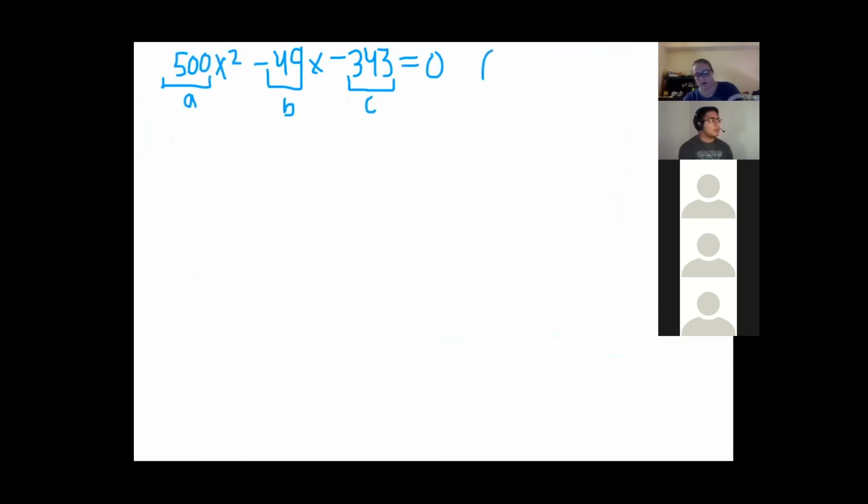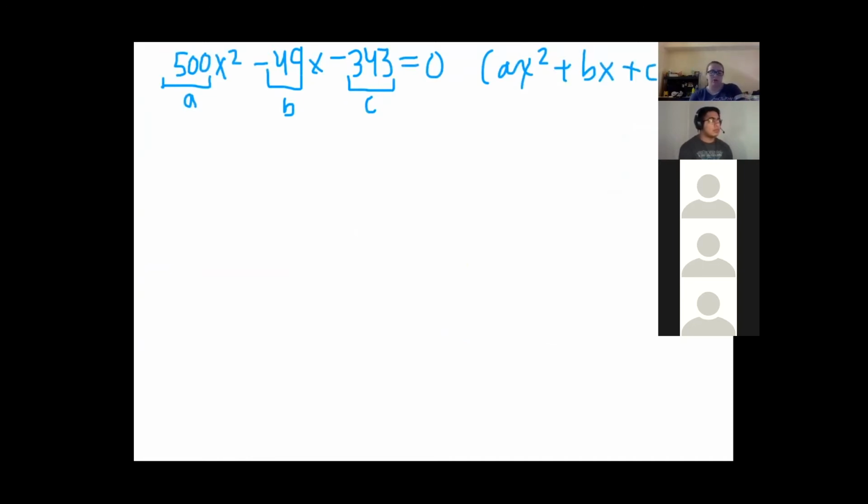Okay, so we have 500 x squared minus 49x minus 343 is equal to 0. And this is A, this is B, and this is C, using our ax squared plus bx plus c formula.